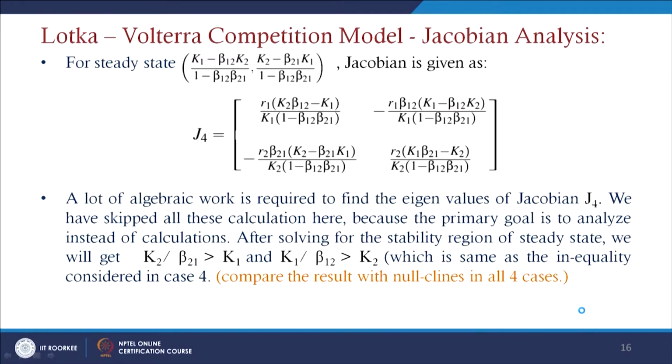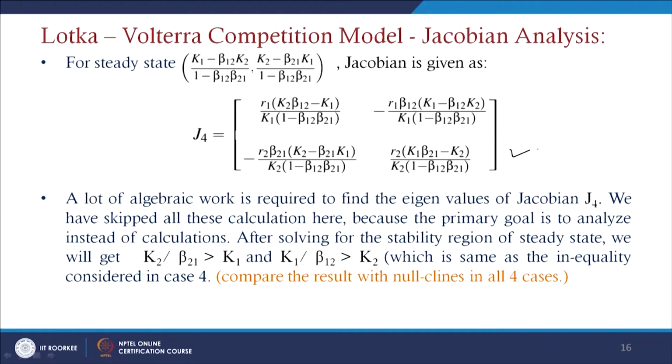Similarly, for the steady state at this point, the Jacobian will be given as this one, and we would have to do a lot of algebraic work to find its eigenvalues, so we skip these calculations since it is a tedious task. After solving the stability region of this steady state, we get the region where k2 by beta 2 1 is greater than k1 and k1 by beta 1 2 is greater than k2, which is the same inequality considered in case 4 for the null lines.